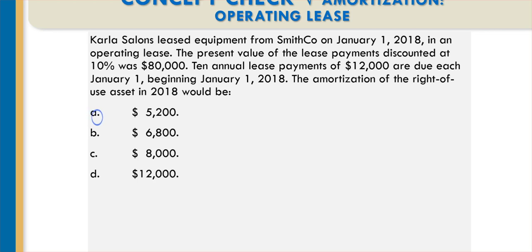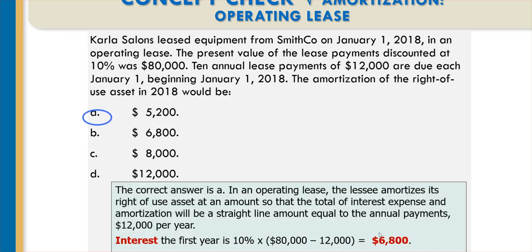Here we have an operating lease, and on these it's best if I just show you how to calculate it. Even though they tell you in the problem there's an operating lease, so you don't have to go through the checklist, you know that the amount recorded there, the present value of the lease payments, is going to be $80,000.